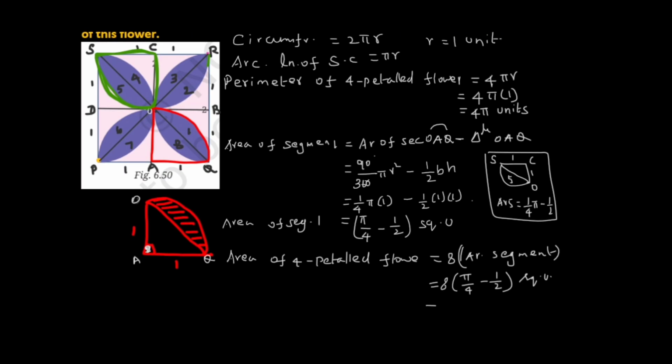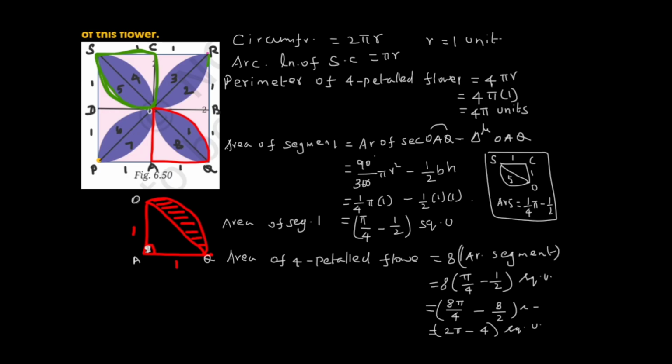When we are taking 8 inside, 8 pi by 4 minus 8 by 2 square units. So 2 pi minus 4 square units. Otherwise, twice pi minus 2.